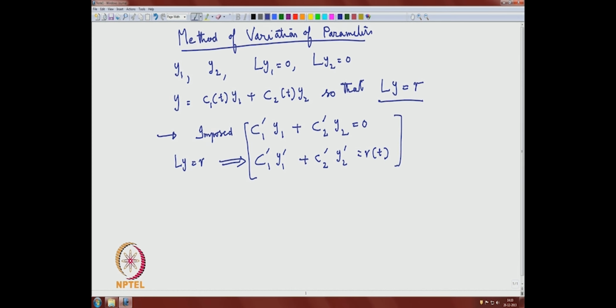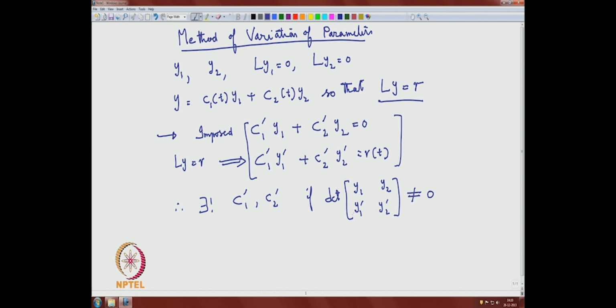Therefore, there exists a unique C 1 prime, C 2 prime if the determinant of the matrix y 1, y 2, y 1 prime, y 2 prime is not equal to 0.